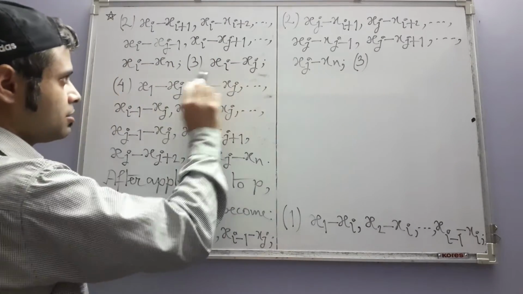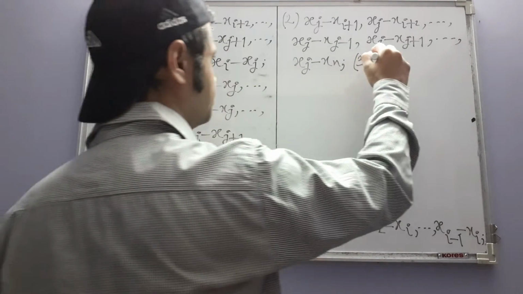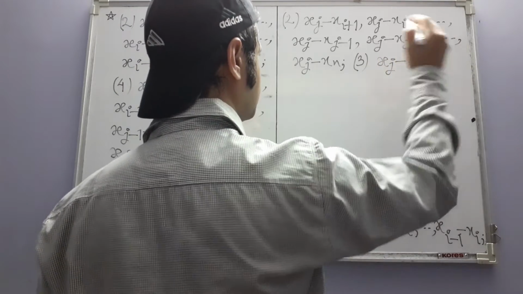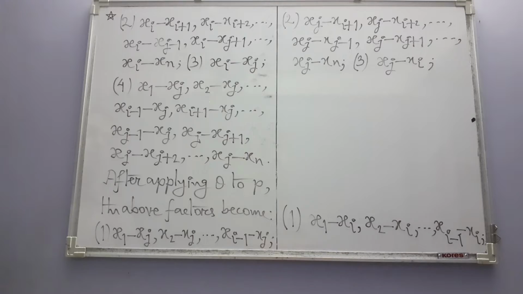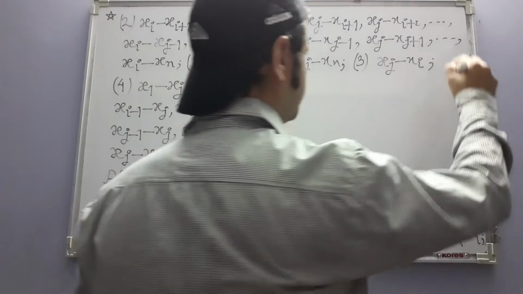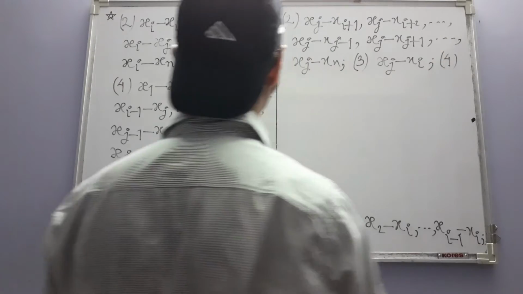For this single one, of course, this will be xj minus xi. Okay, and then we come to the ones containing only j. Number 4.